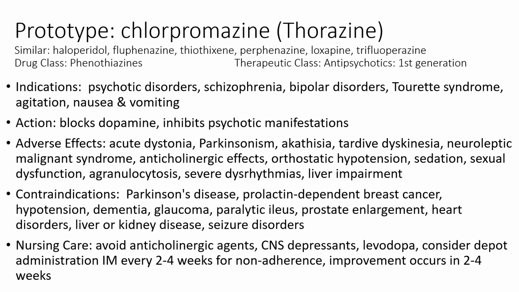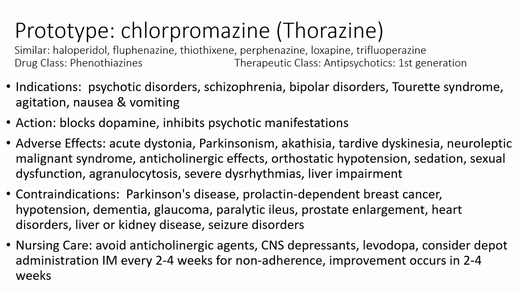We use anticholinergics such as diphenhydramine, which is Benadryl, or another one called benztropine that you'll see in your book likely. Okay, so we just give this medication and it reverses the dystonic reaction very quickly.